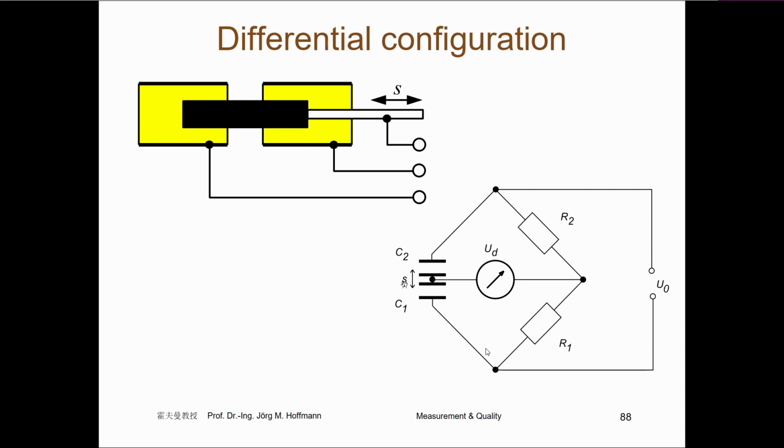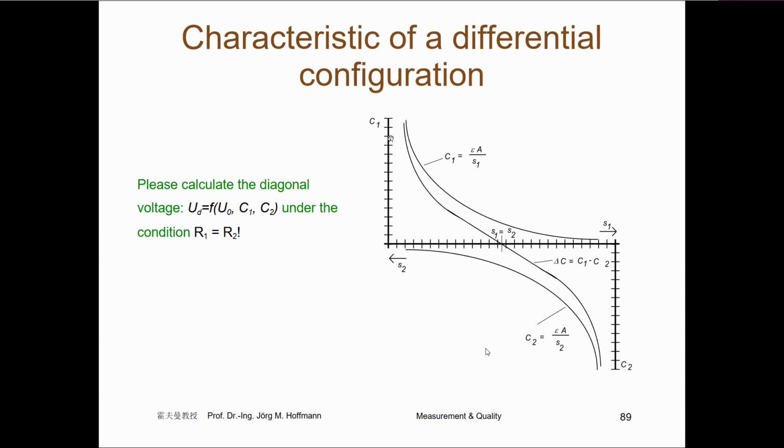You see the middle plate is going up and down, and when you increase the capacity on one side, you decrease the capacity on the other side. And you see here this drawing, this is C1. This is the way of the middle plate. And you see here how the curve would go when you have only one sensor.